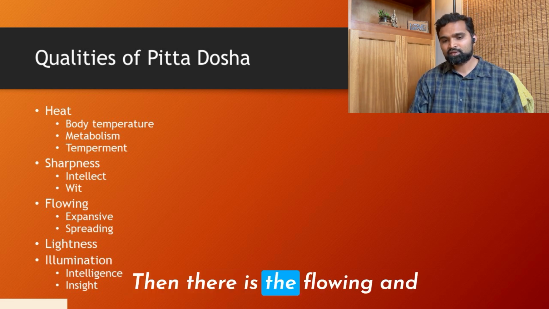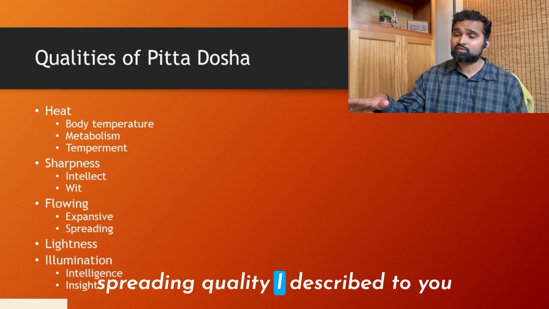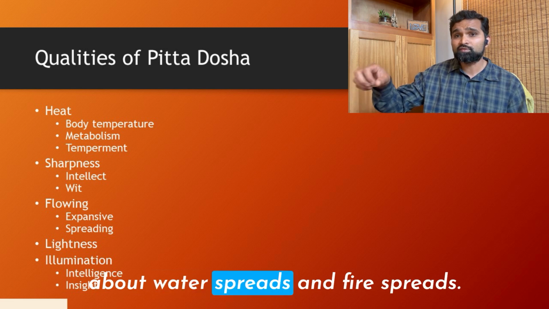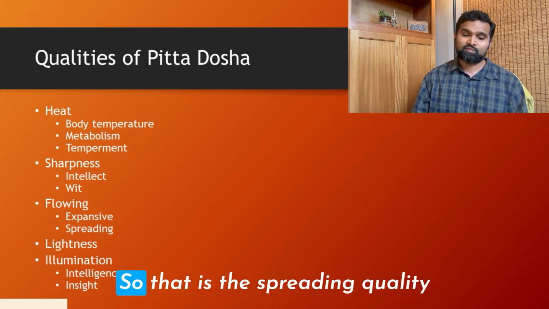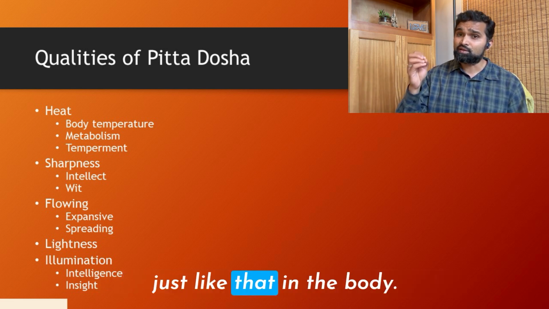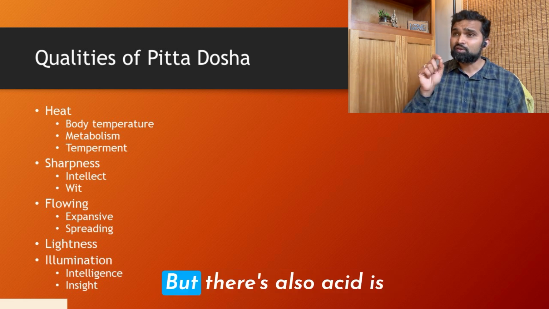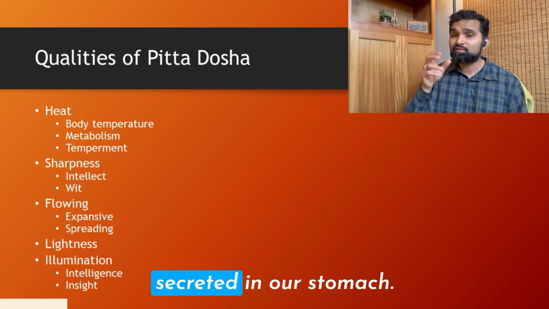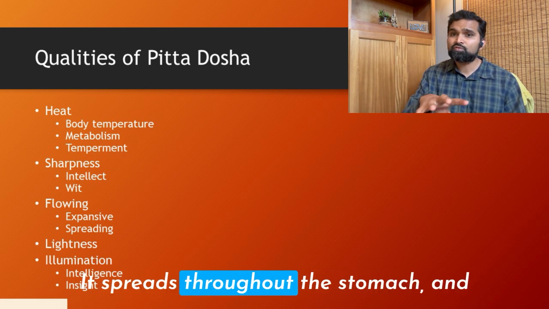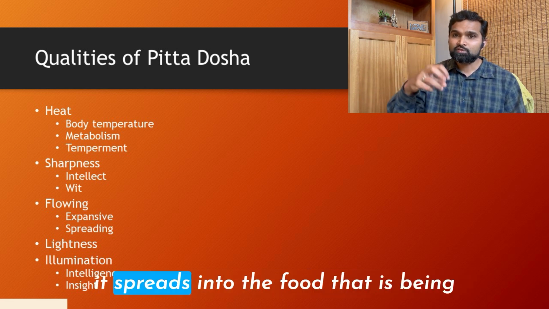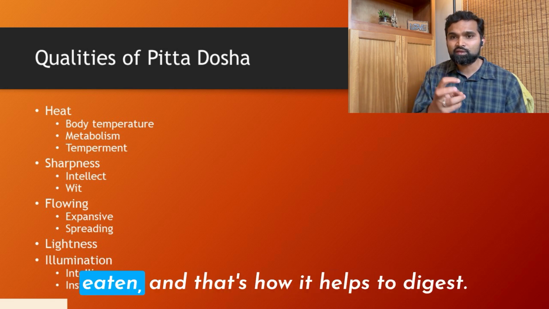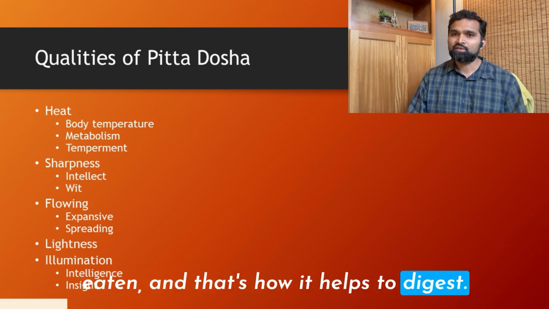Then there is the flowing and spreading quality. I described how water spreads and fire spreads. Just like that in the body, inflammation spreads. But there's also acid secreted in our stomach. It spreads throughout the stomach and into the food being eaten, and that's how it helps to digest.